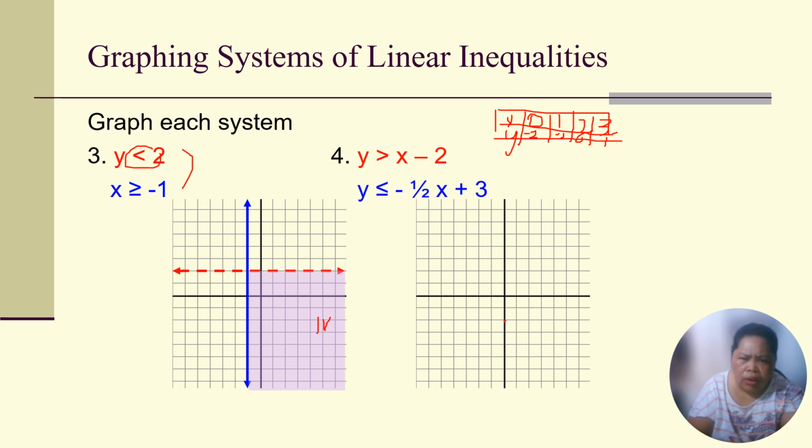Then we have 1, negative 1 here, and then 2, 0, of course the point will be here, and then we have 3, 1, so 3, 1 here, and then you can connect all the dots.